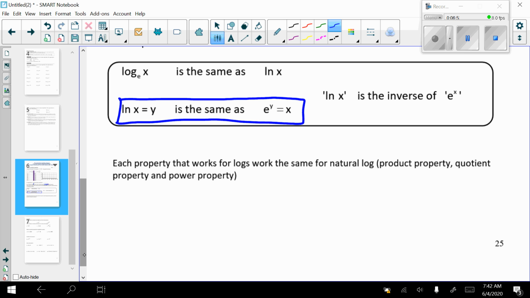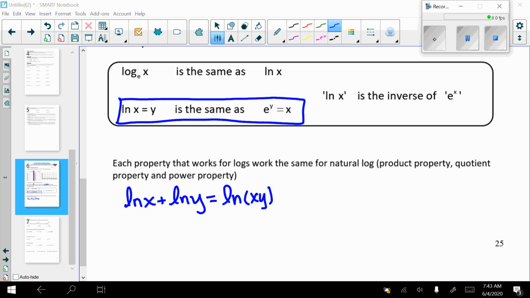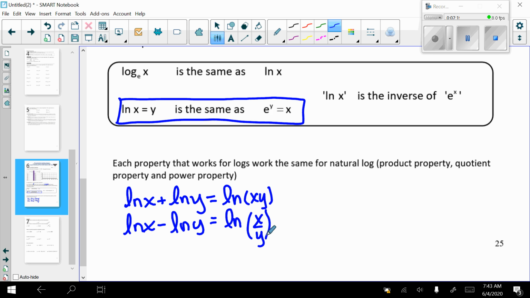So for example, like the product property where we had ln of x and ln of y. Remember before, if we saw addition, we just multiplied our arguments. Same thing happens here. If we did the subtraction one, ln of x minus ln of y, we would still get natural log of x over y. Remember, everything's the same.